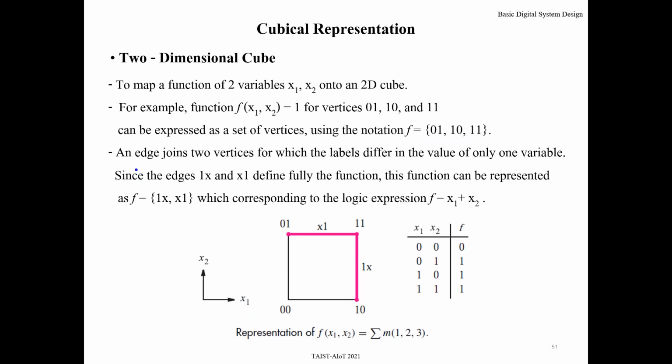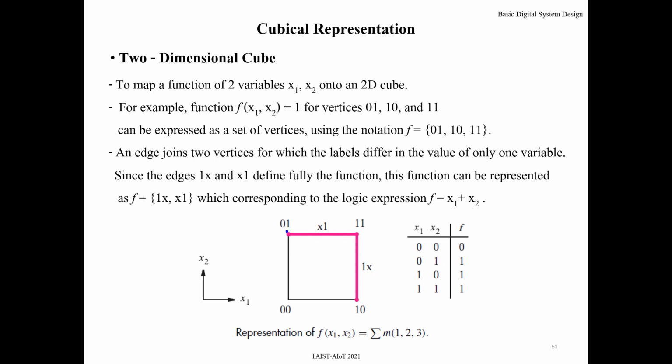And now let's define it. If we join two vertices whose labels differ in only one variable, or only one bit, for example, this vertex and this vertex differ in only one bit, here, in the value of x1.